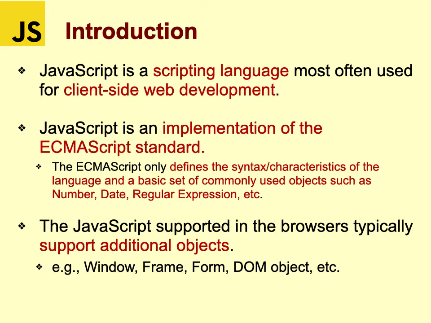ECMAScript only defines the syntax or characteristics of language and a basic set of commonly used objects such as number, date, regular expression, etc. The JavaScript supported in these browsers typically support additional objects like window, frame, form, document object model, that are DOM objects.